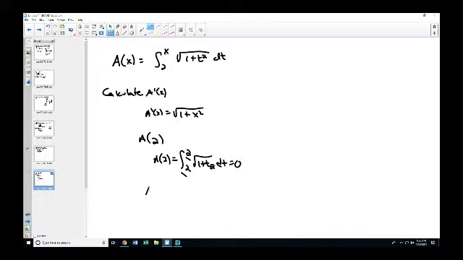All right, what about A prime at 3? Plug 3 in. The square root of 1 plus 3 squared, root 10.